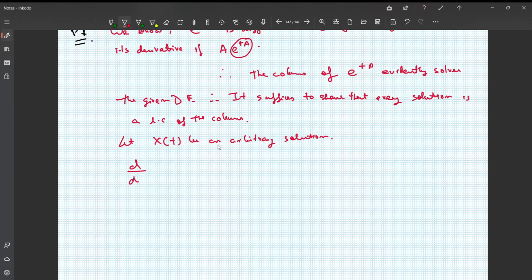We differentiate. Then d/dt of e to the power minus ta times x(t): what does it come out to be?